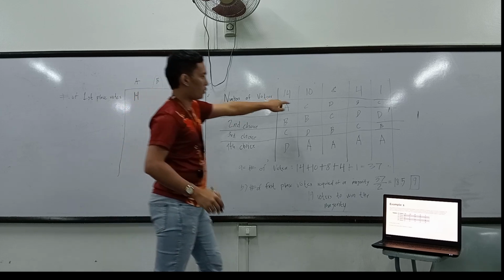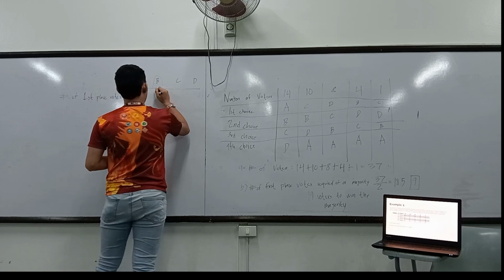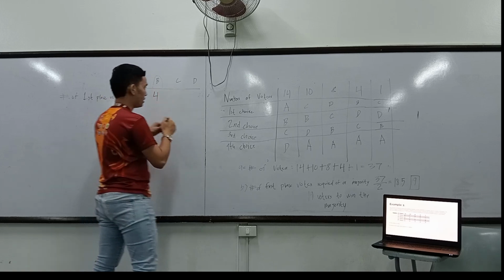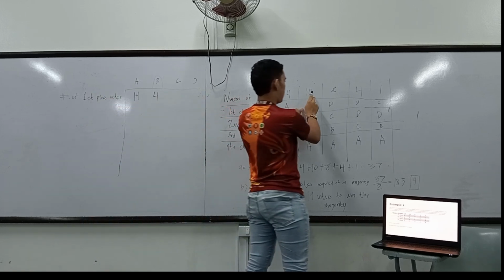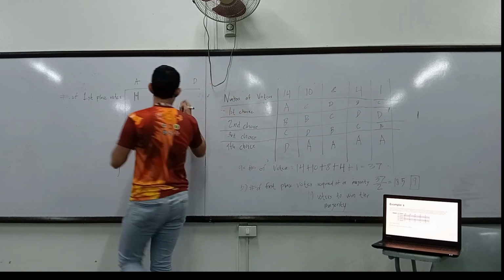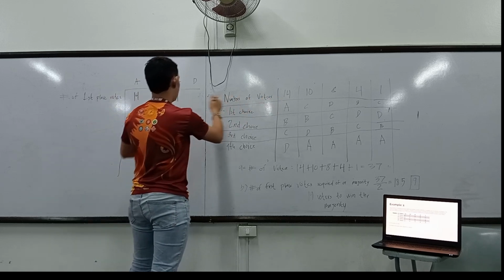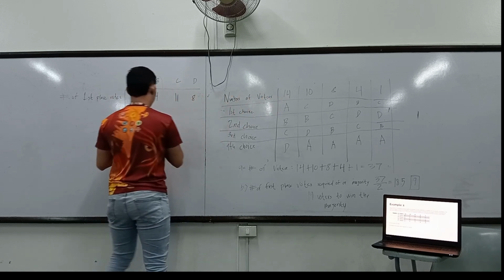Candidate B also got 4 votes. Candidate C got 10 plus 1, which is 11 votes, and candidate B got a total of 8 votes.